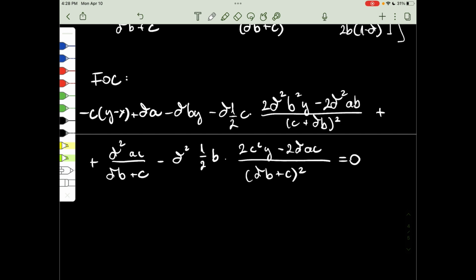And it equals 0. So this is the first order condition, and it takes some time.